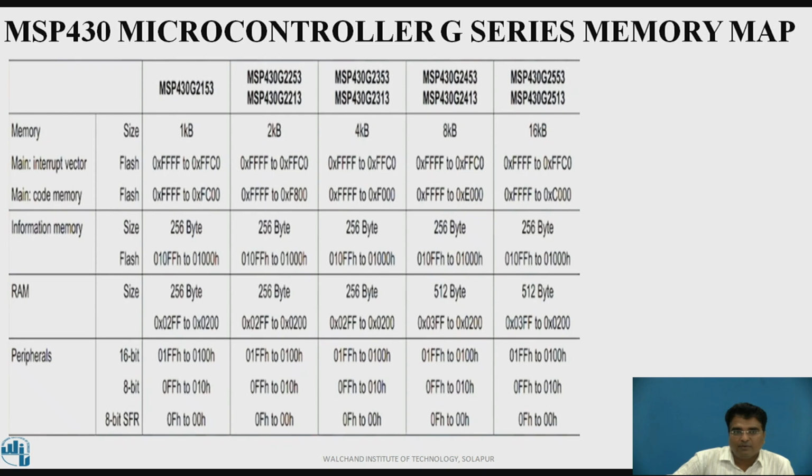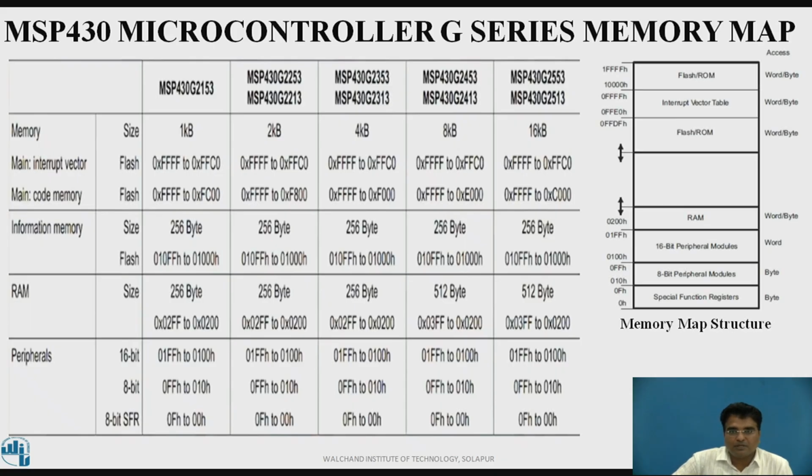So all these parameters are relevant to the MSP 430 G2553. This MSP 430 G2553 we are going to use in the experiment board, that's why we have to concentrate on this last column only.